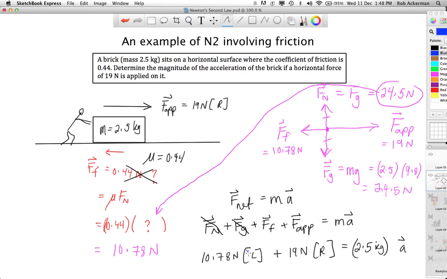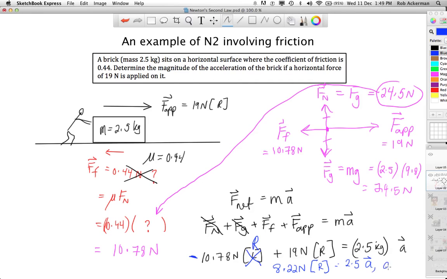They're like oil and water. Get rid of that left, make it a right, put in a negative there, because a negative right is a left. Now what do you get? Negative 10.78 plus 19, giving you 8.22 newtons of net force to the right, equaling 2.5 times a.